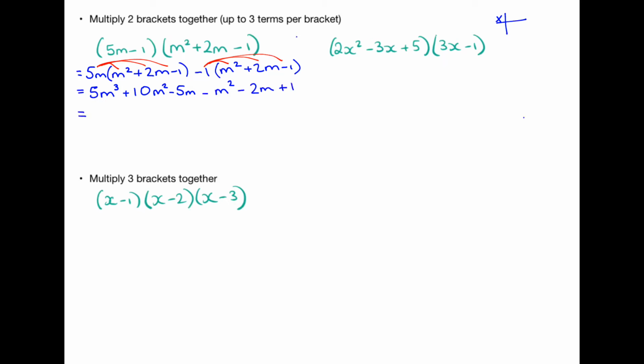So if we tidy that up, put the cubed term first. So we've got 5m cubed. Then in m squareds, we've got 10m squared, and we've got minus 1m squared there. So remember that m squared is positive, so we've got plus 9m squared there.